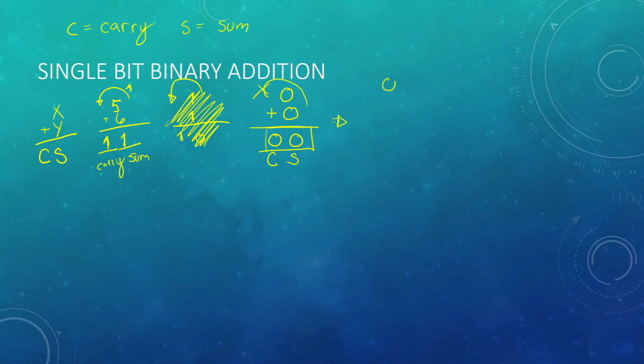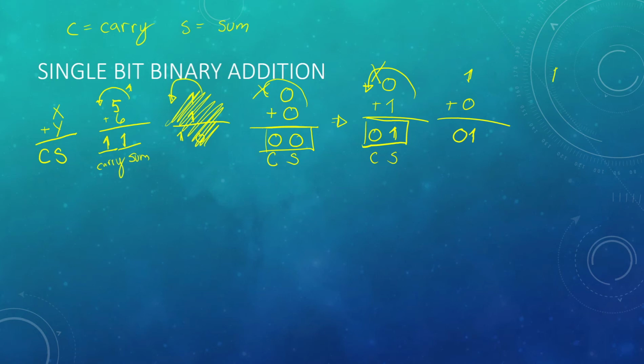We have 0 plus 1, and the sum of this is 1, and we are not carrying anything over, so it's 0. Same thing for this, we're just flip-flopping it. 1 plus 0, the sum of this is 1. We are not carrying anything over.